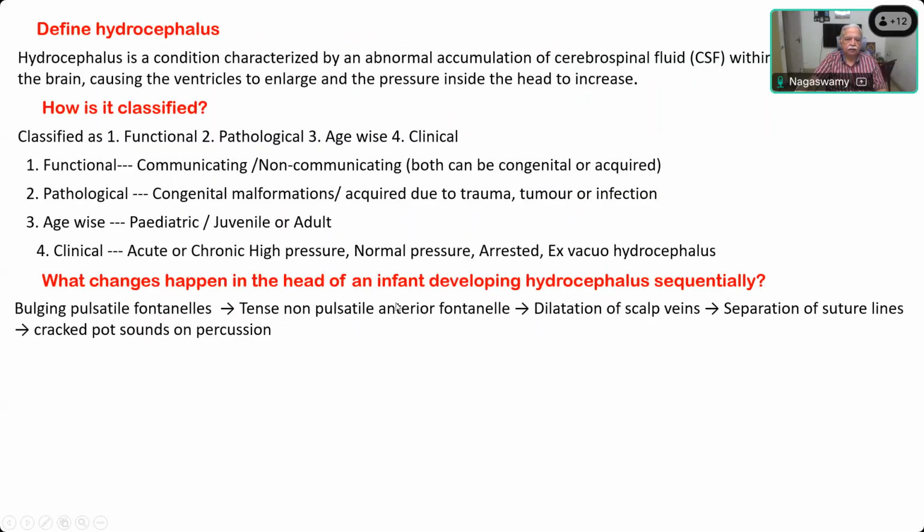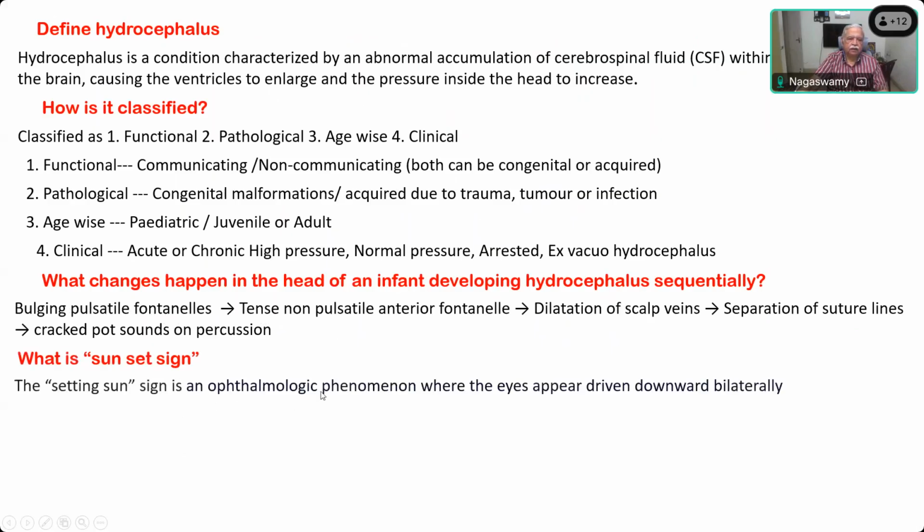Then the pulsation stops. It becomes non-pulsatile and becomes tense. That means that is the time fluid accumulation is increasing and the pulsations are obliterated. Then there is a dilatation of the scalp veins. Then there is separation of suture lines and there is a cracked pot sound on percussion. All these things happen in a sequential manner.